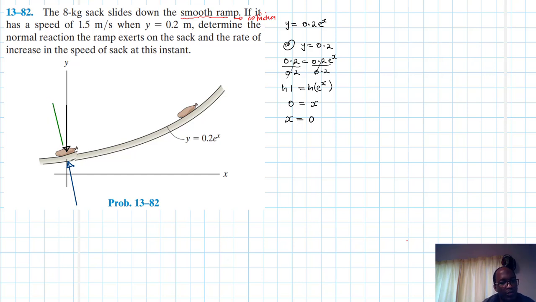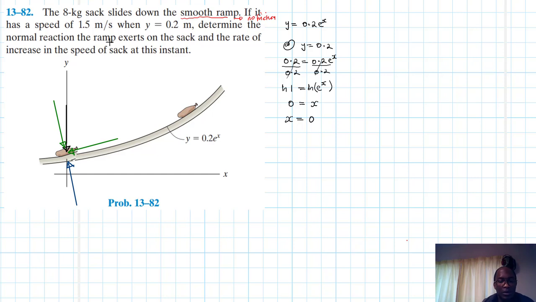We have one component like so, and another component in that direction like so.